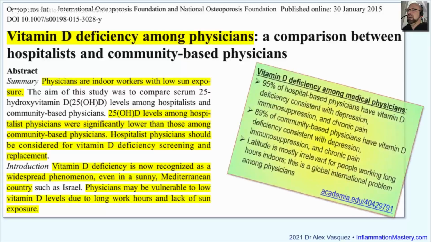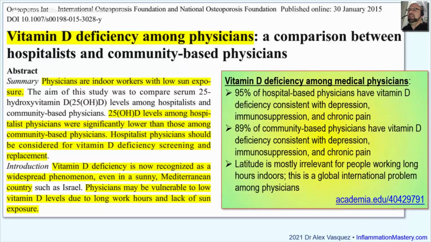Here's an article published by the International Osteoporosis Foundation in 2015 showing vitamin D deficiency among physicians. 95% of hospital-based physicians have vitamin D deficiency, consistent with depression, immunosuppression, and chronic pain, whereas 89% of free-range physicians outside of the hospital also have vitamin D deficiency.